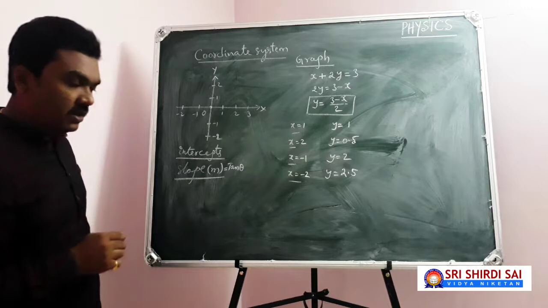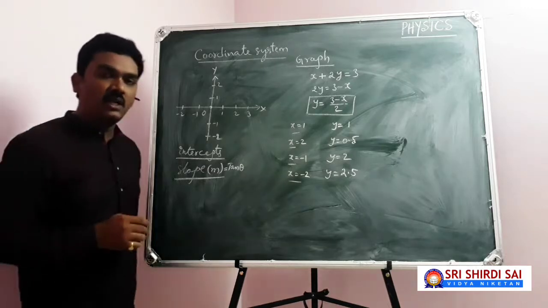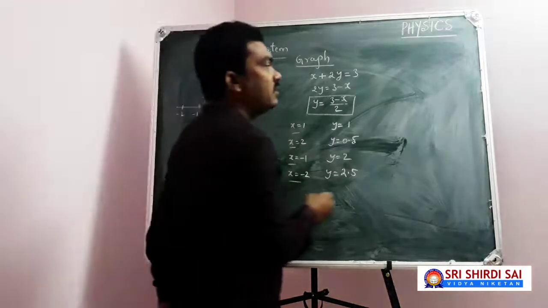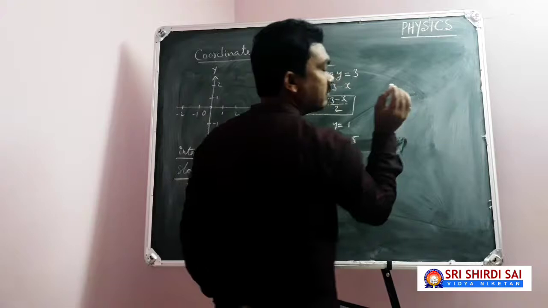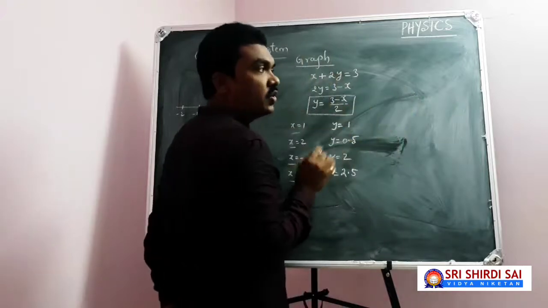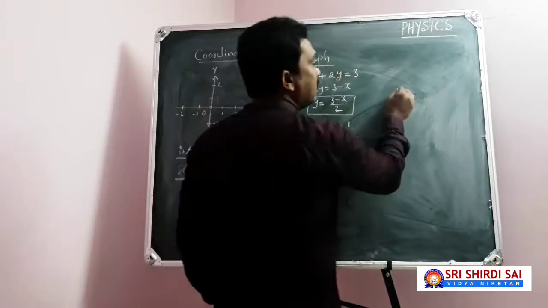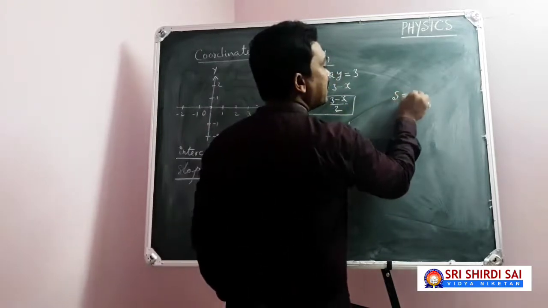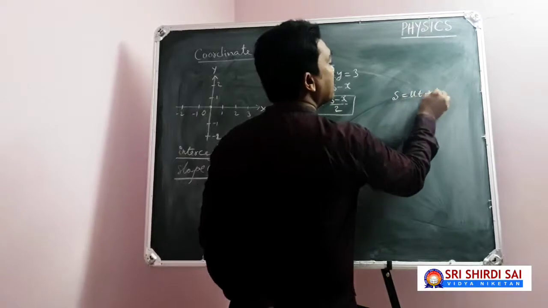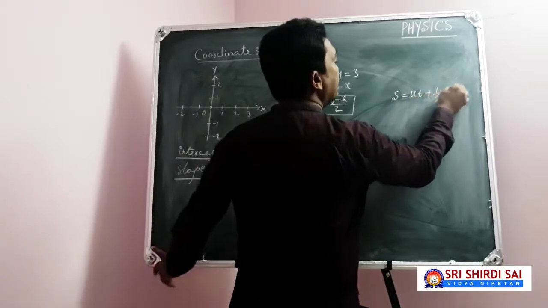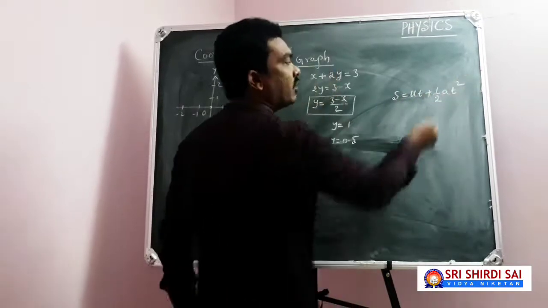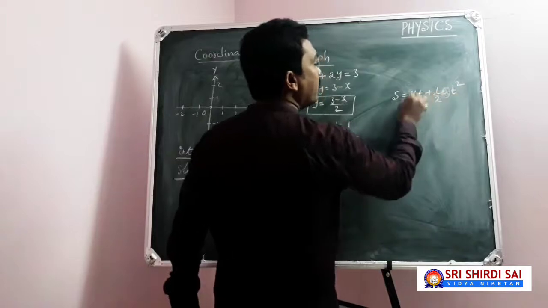You see, for example, while learning kinematics, equations of motion, you have learned that if a body moving with uniform acceleration, the displacement equation s equal to ut plus half at square. A for constant acceleration, u for initial velocity.